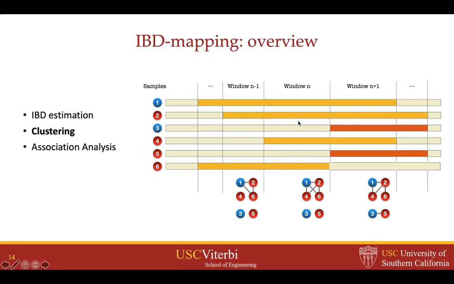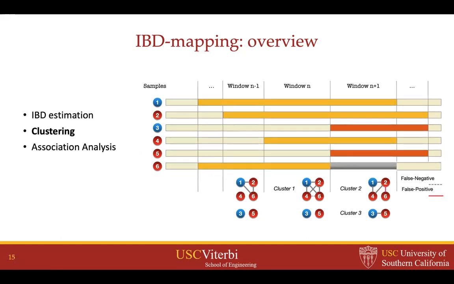So first you estimate who shares with whom, and then you cluster them. You see here that this looks like almost a complete clique, but not quite. For some reason, we didn't discover that 4 and 6 actually share the genetic data. There is some flaw in the algorithm or some other complicated problem like phasing.